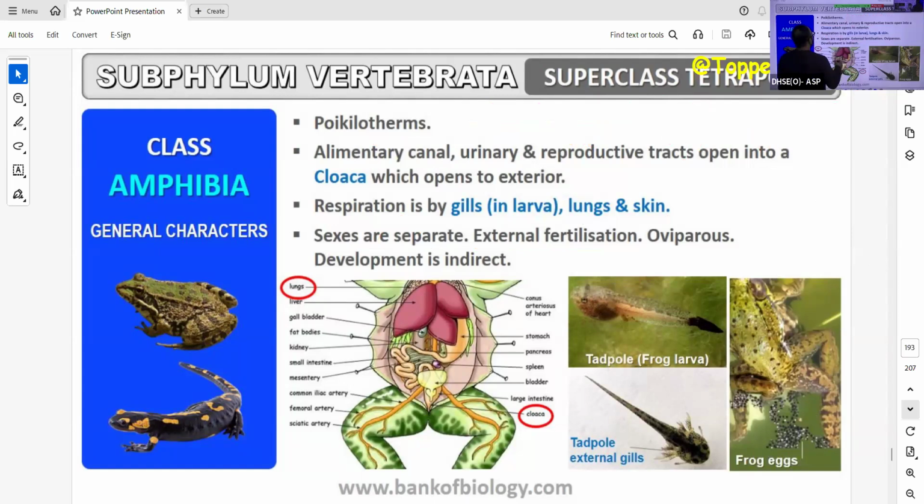Fine. So after that, sexes are separate. That is, they show sexual dimorphism. Now, this is a common feature you will observe in all higher animals. We don't even have to emphasize that, because you will not find them bisexual or monoecious at all.